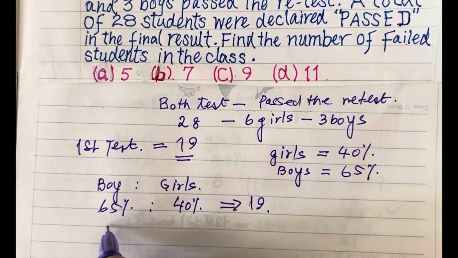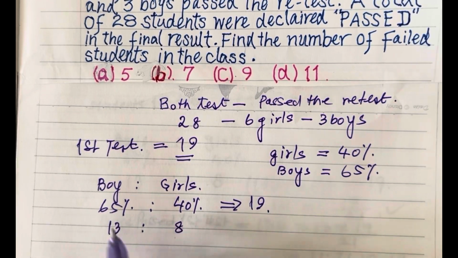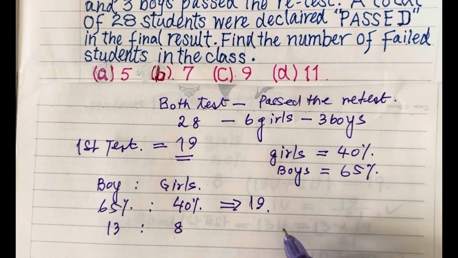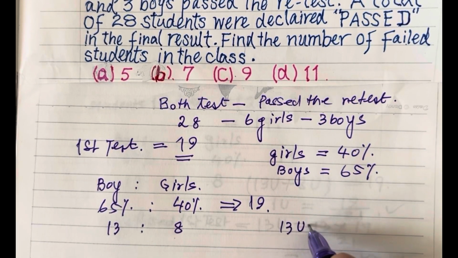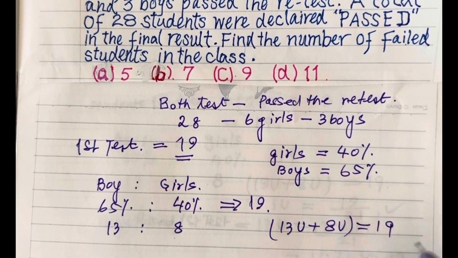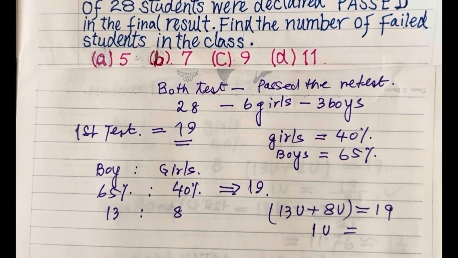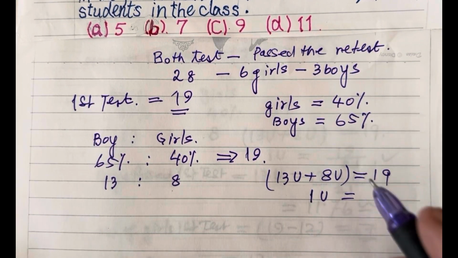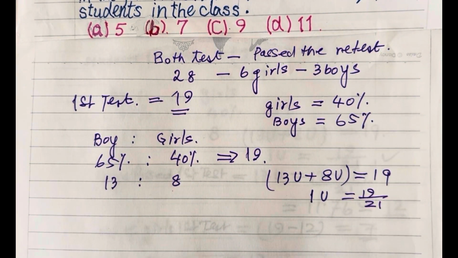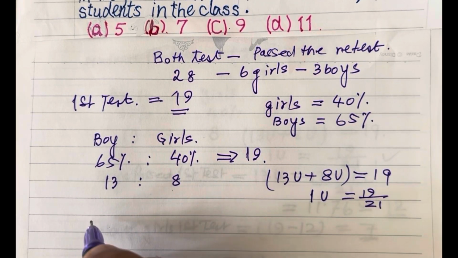So 65 becomes 13 and 40 becomes 8, because both are divisible by 5. So we can say 13 units plus 8 units equals how much? 19. Therefore 1 unit is equal to 19 over 21.